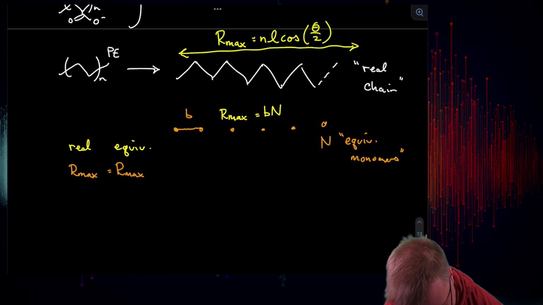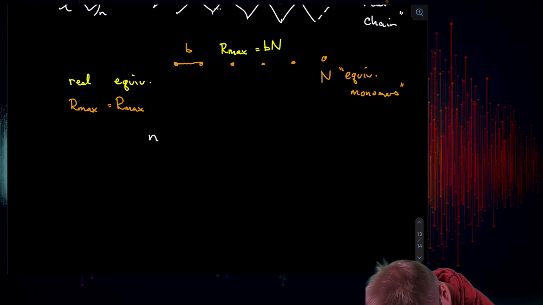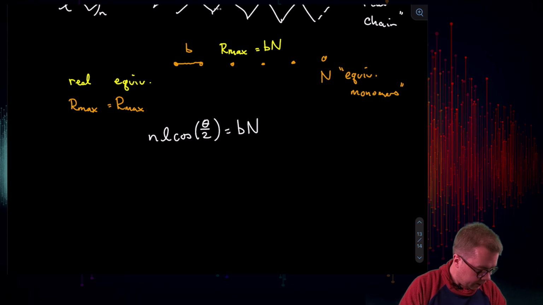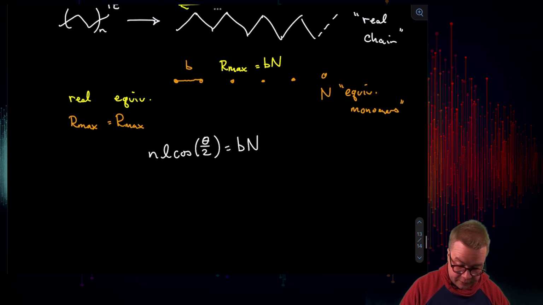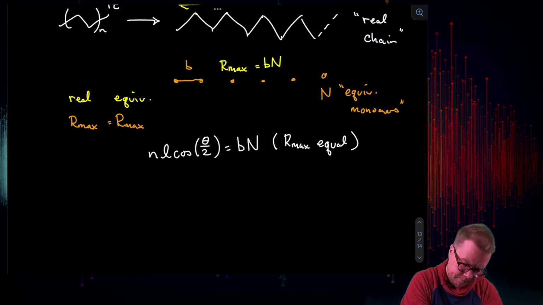So what we have in this case is that N L cosine of theta over 2 should equal B times capital N. The next thing that we need is we need to figure out, okay, so this is setting R max equal to each other.